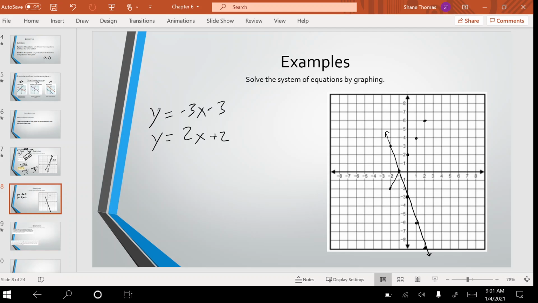Now I'm in good shape because they intersect at one point. What's my point? Negative 1, 0. All right, that's where they intersect. If you plug it in and check it, does it come out right? As long as you do the math right. Right, Hoover? All right, looks good. Questions on that one?